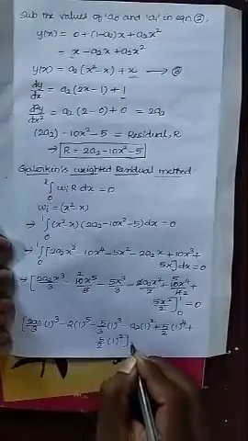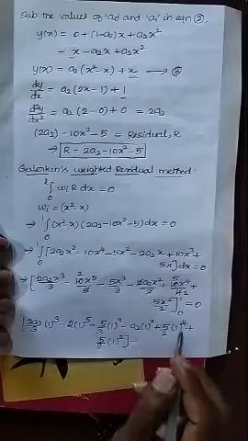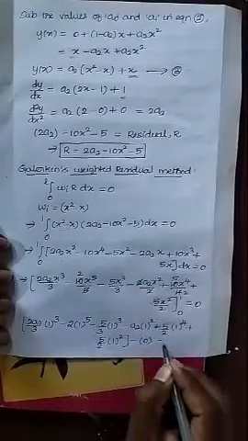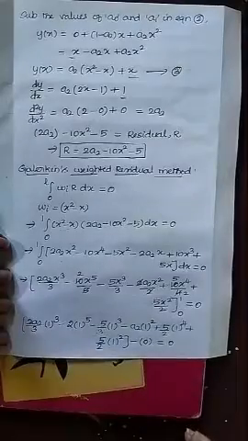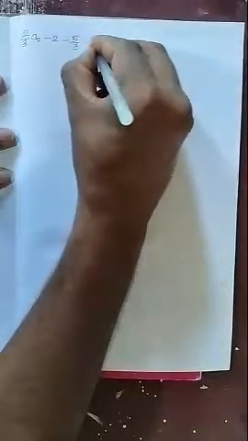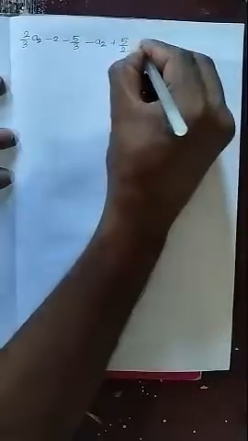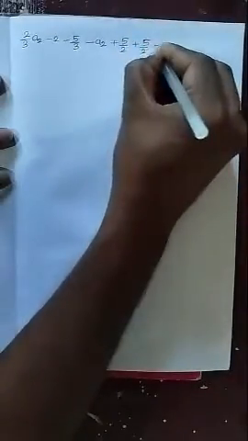Minus, by substituting the lower limit 0, all the values become 0. So this will be equal to 0. So the above expression can be simplified as 2 by 3 a2 minus 2 minus 5 by 3 minus a2 plus 5 by 2 plus 5 by 2 is equal to 0.